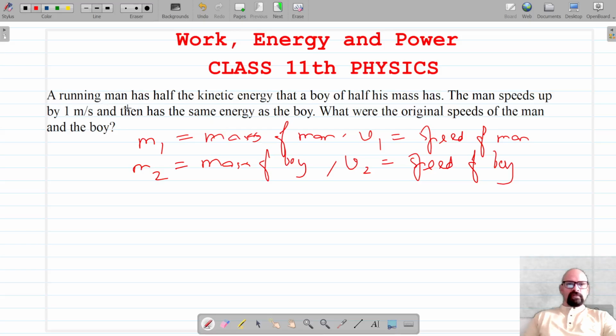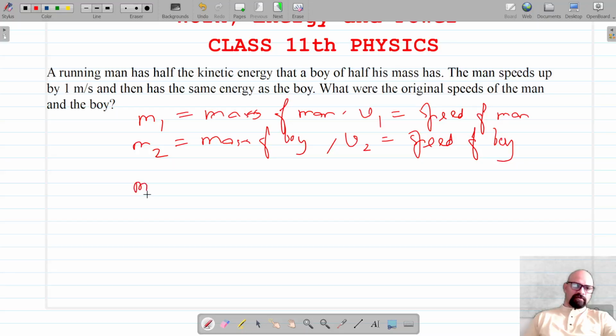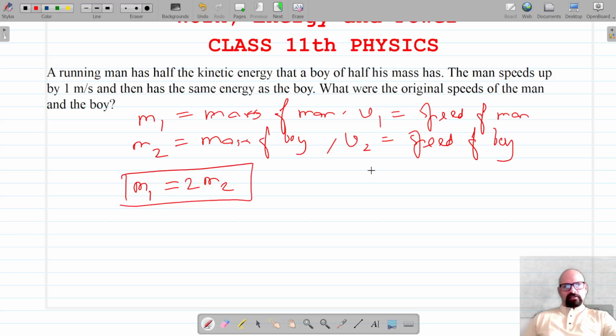Now it's given that the boy is half the mass of the man, or we can say the mass of the man is twice the mass of the boy, and it's given that the kinetic energy of the man initially is half the kinetic energy of the boy.